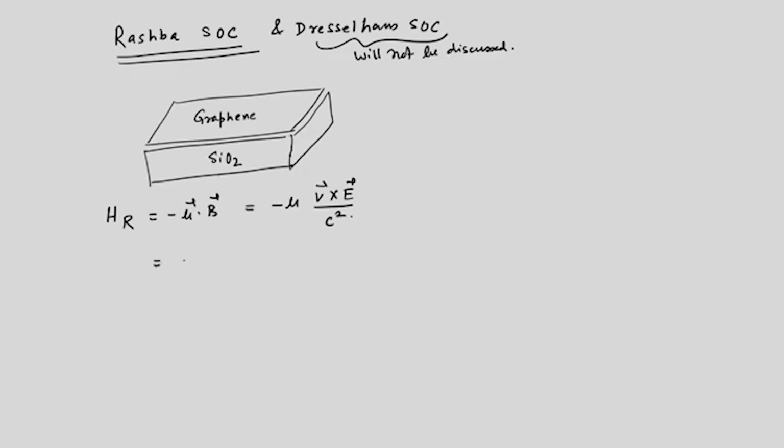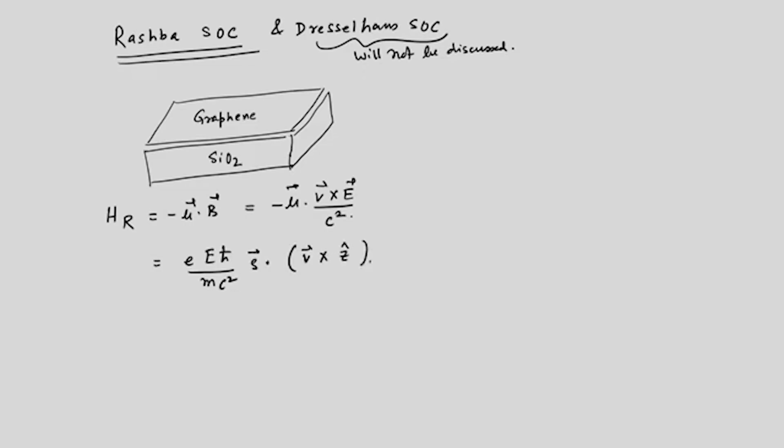So, this is nothing but equal to e h cross divided by m c square, where mu is taken as e over 2m into h cross into S, that is the magnetic moment. So, this is S dot V cross z cap.